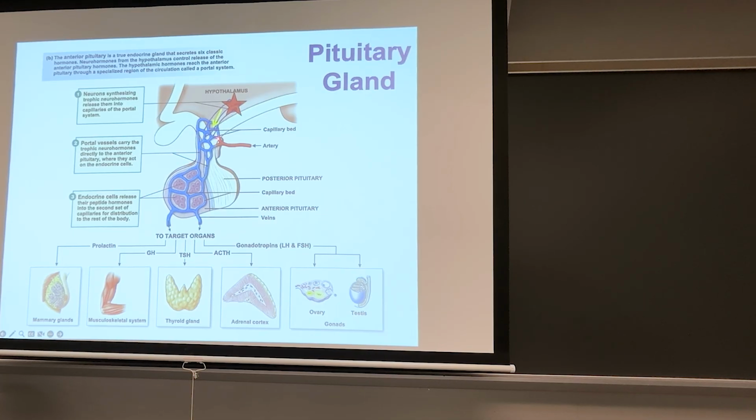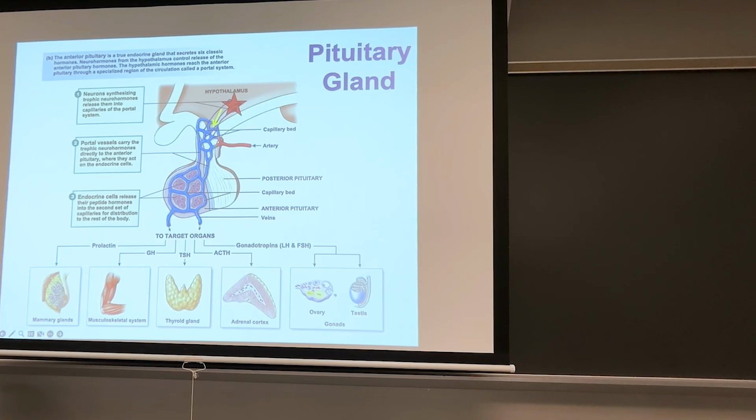The first capillary bed sits over the top of the stalk here, or the outgrowth of the pituitary. And there are hypothalamic nerves that are really short, that travel right to the edge of the capillaries, and they release their products into that first capillary bed. And then they travel through the portal vessels and leave the second capillary bed to control the anterior pituitary cells.